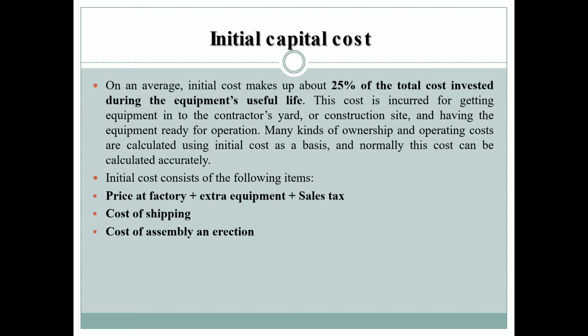That is the first cost. And next one is cost of shipping, from the factory site to your required site. And cost of assembly and erection. Some of the equipment you have to assemble at the site itself, so it also includes that cost. So these three main important costs group together to form initial capital cost.